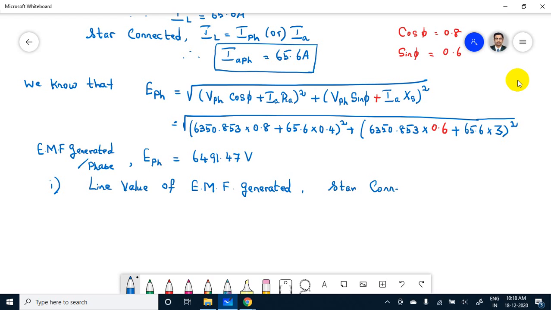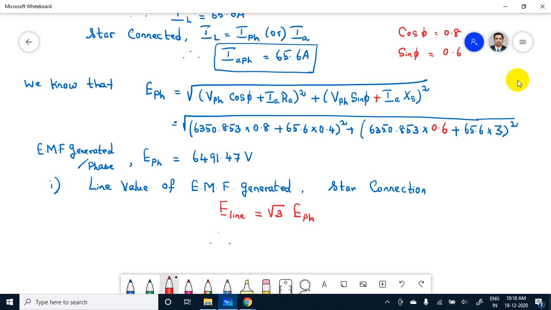So in star connection, the line voltage is equal to root 3 into phase voltage. Similarly, E line equal to root 3 into E phase.